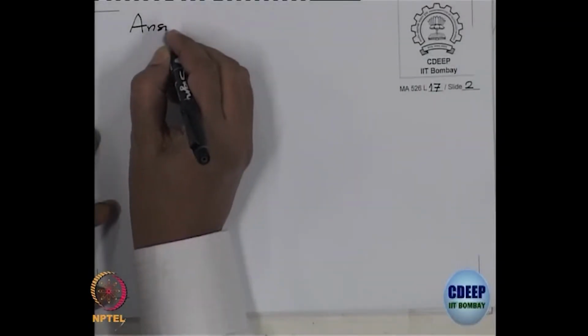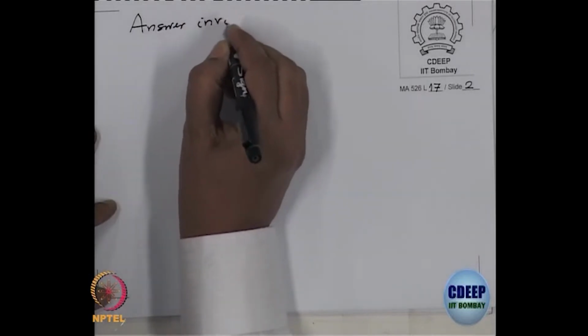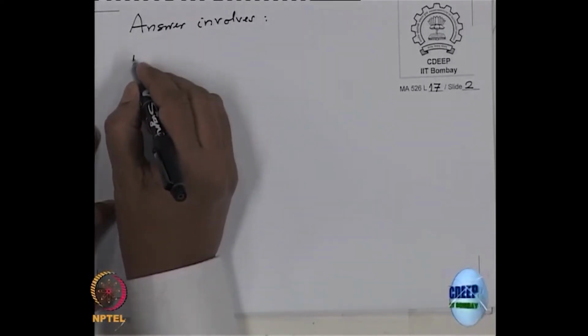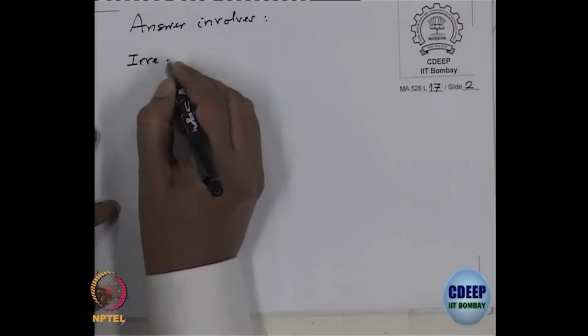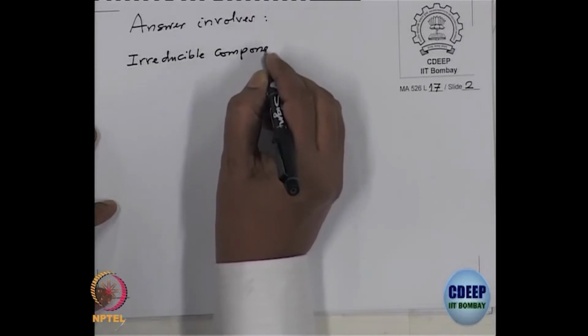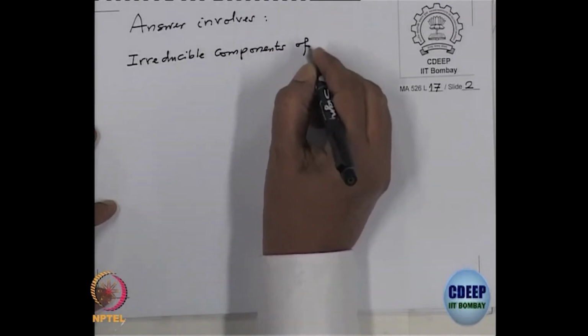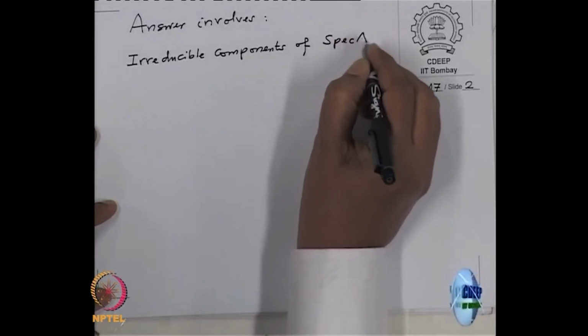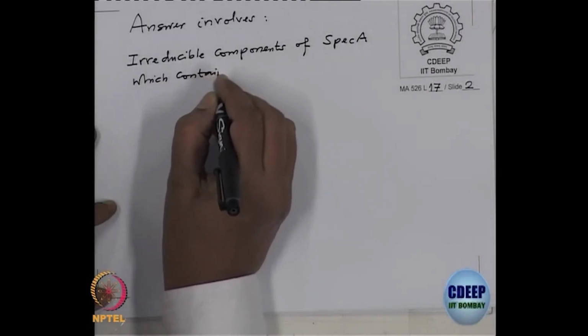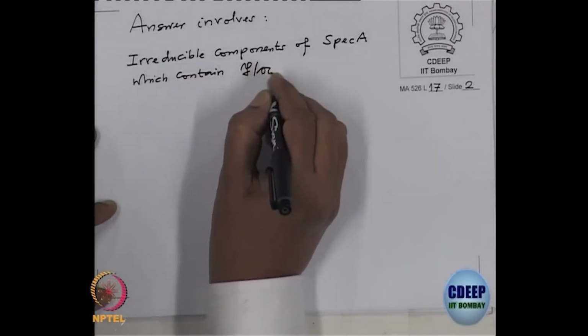Okay, so what are the ingredients in the proof that we will need? The answer involves, first of all, irreducible components of the spectrum which contain this given prime ideal P/A.